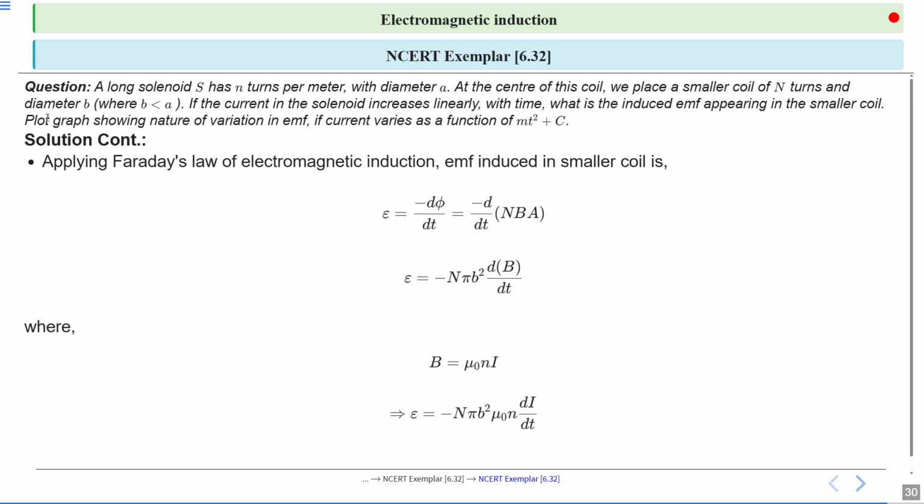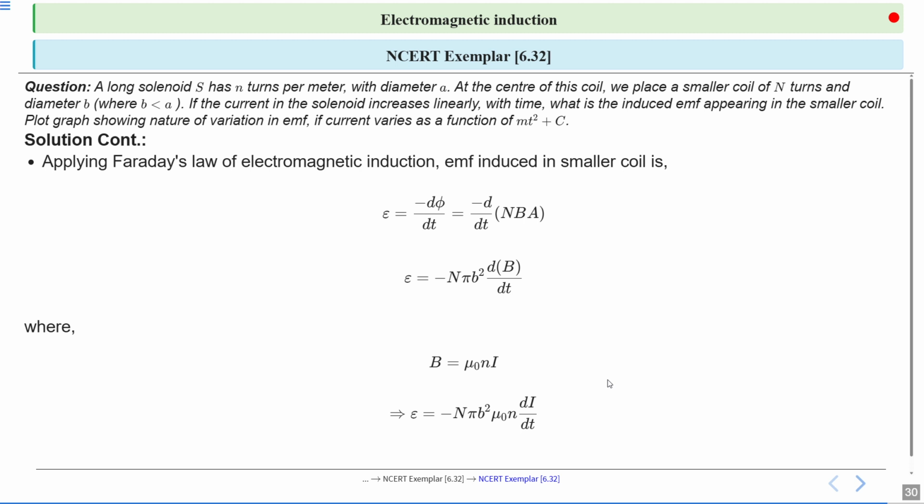Now the other part of the question is, if the current varies as a function of m t square plus c, then plot a graph showing the nature of variation in the EMF. Here b is the radius of the smaller coil, so pi b square is the area of cross section of the smaller coil.